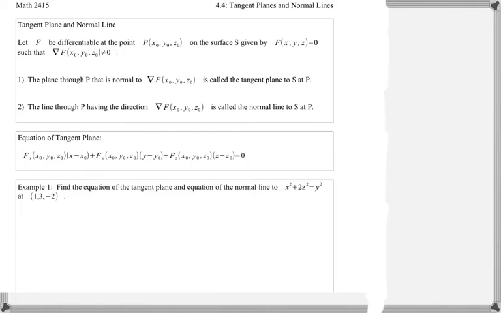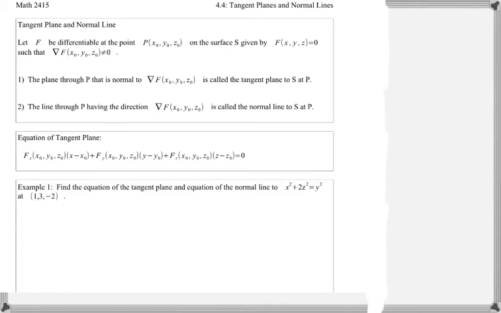It would be the partial derivative of f with respect to x evaluated at x naught, y naught, z naught times the quantity x minus x naught, plus the partial derivative of f with respect to y evaluated at x naught, y naught, z naught times the quantity y minus y naught, plus the partial derivative of f with respect to z of x naught, y naught, z naught, times the quantity z minus z naught, and that's going to be equal to 0. So you get your normal vector from the gradient evaluated at the point.